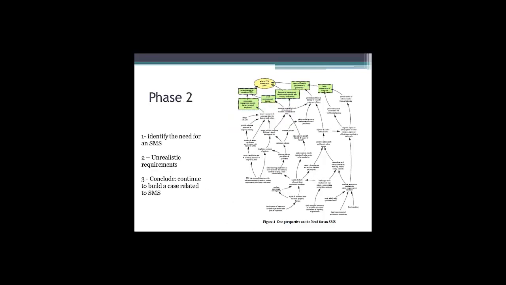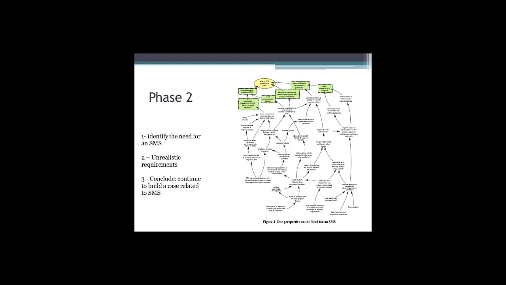At the start of this second phase, the identified participants were adamant that they all understood one another's positions very well. They were all in complete agreement of what was required for the proposed SMS, and that an interview with just one of them would serve to capture all the collective requirements.